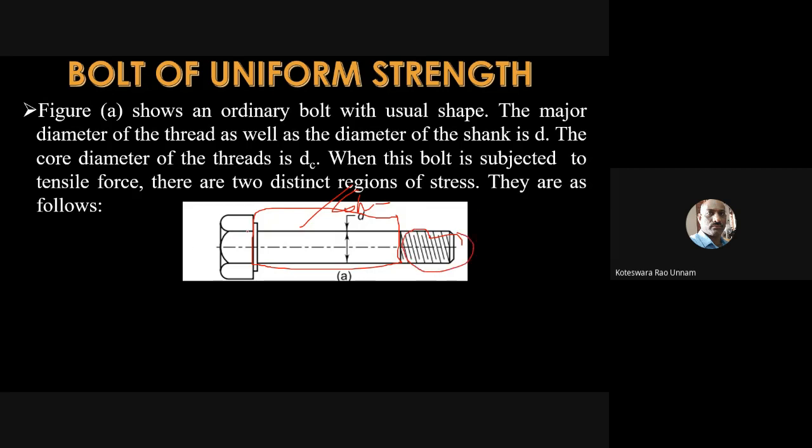The entire shank portion will be covered in the whole of the assembly. Like I already told, we need to create holes in the connecting parts. Whatever the shank portion is, it is covered in that hole. Only the threaded portion will come out.